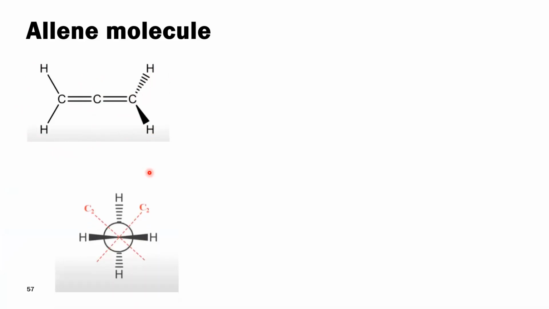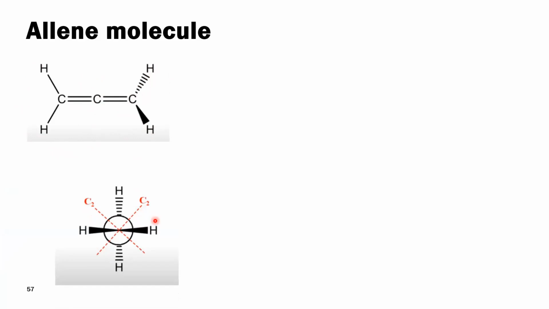Okay. So here you can see there are two C2 axes which bisect the two hydrogens. So this is not in this plane, these two hydrogens. So this can bisect these two.